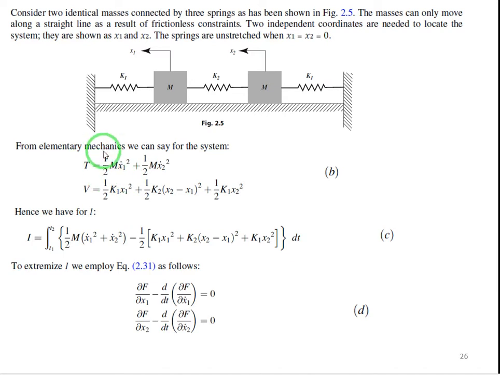We can easily say that it equals 1/2 of m multiplied by the velocity of mass 1 squared, which is x dot 1, plus 1/2 of m multiplied by the velocity of mass 2 squared, which is x dot 2. So this is the value of the kinetic energy.